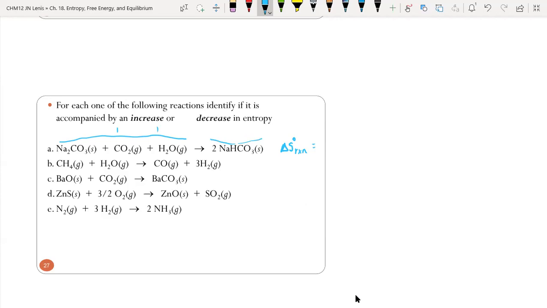What do you think? Does nature love to do that spontaneously? The answer is no. We are predicting that this reaction will have what sign of entropy? Negative. We are not making predictions in terms of the magnitude.